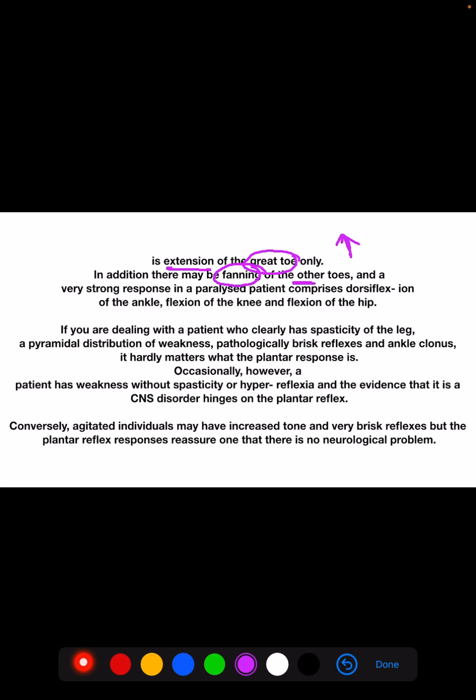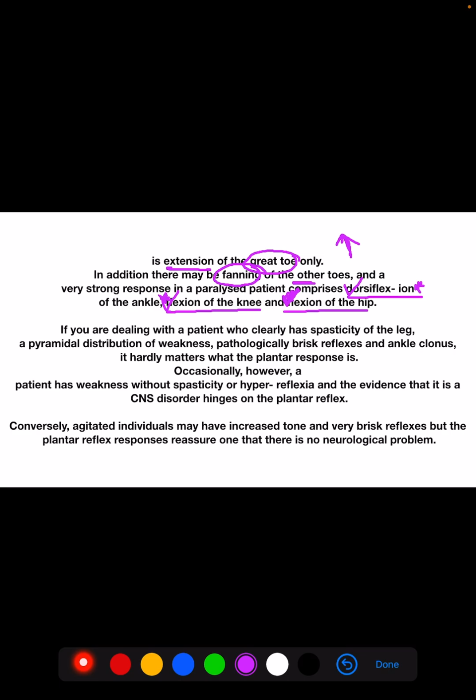What else can be seen? There will be dorsiflexion of the ankle, flexion of the knee, and also flexion of the hip.